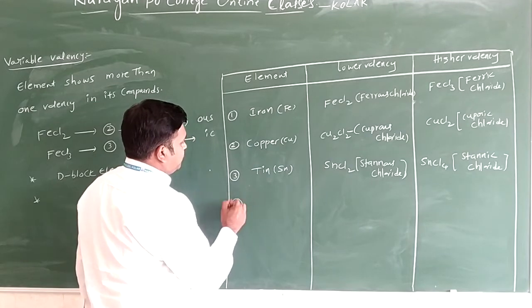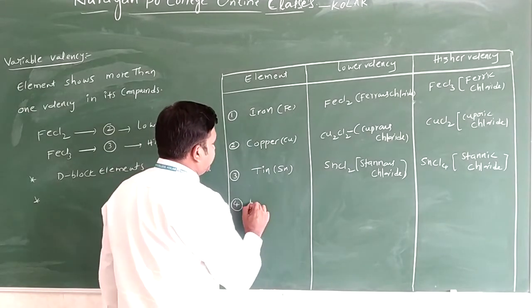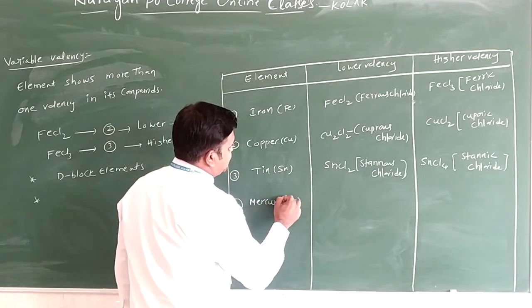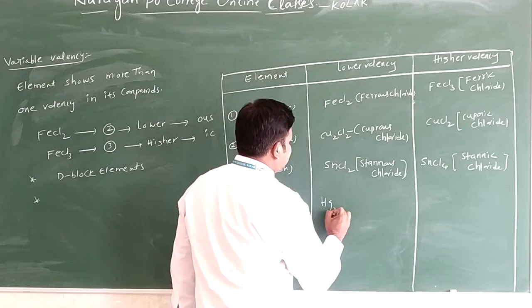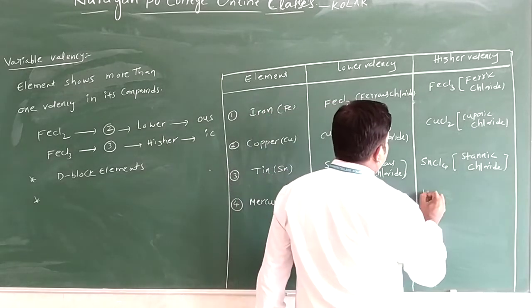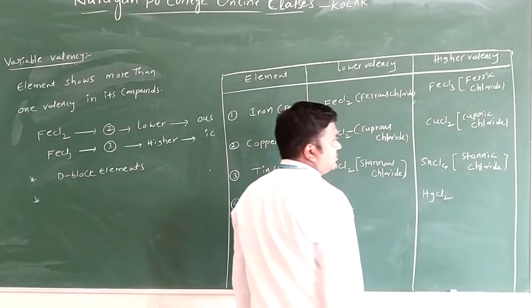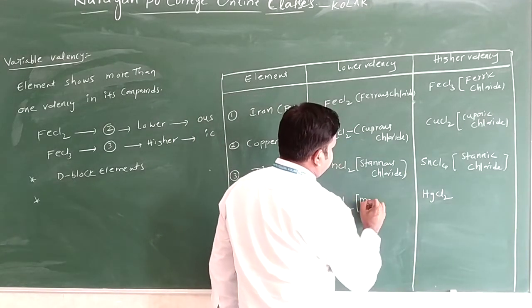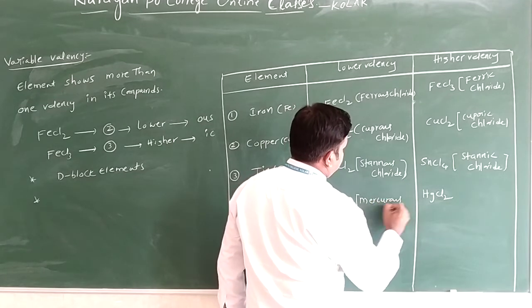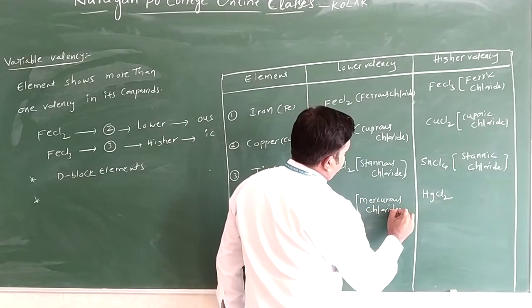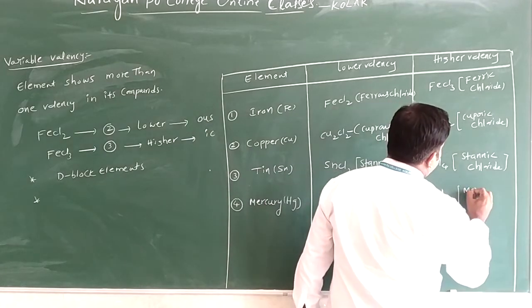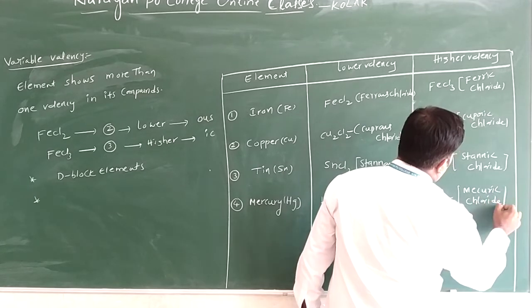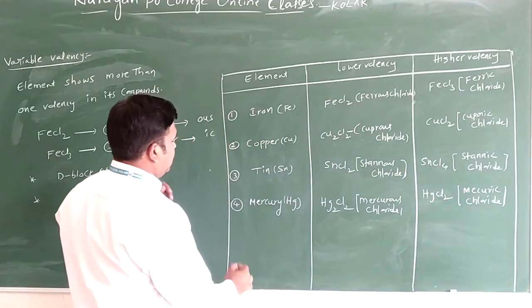You can take one more: mercury, Hg. Here Hg2Cl2 and here HgCl2. This is mercurous chloride, and this is mercuric chloride. Clear?